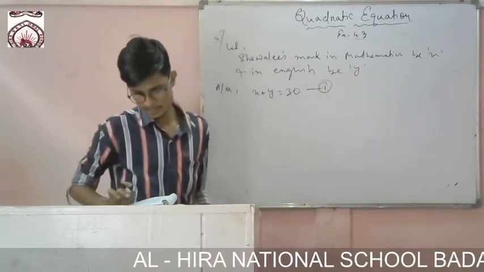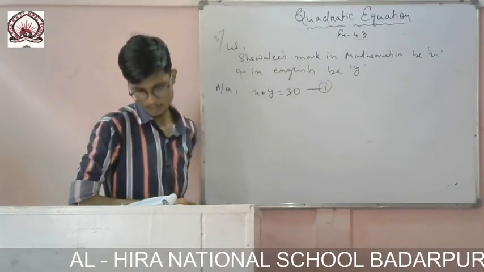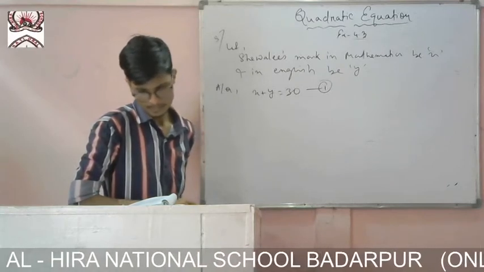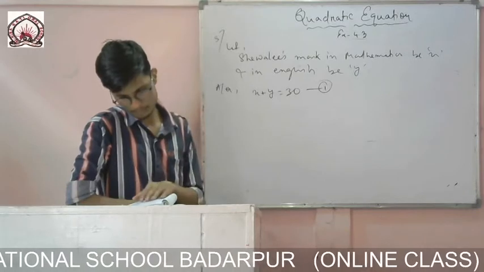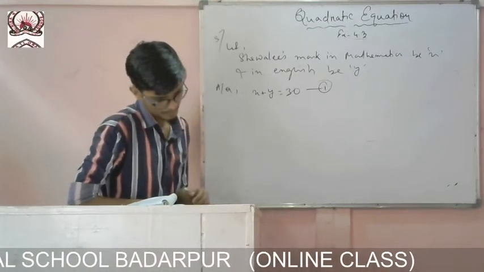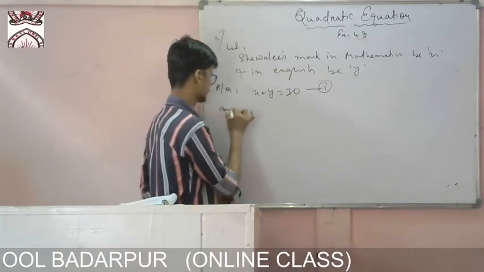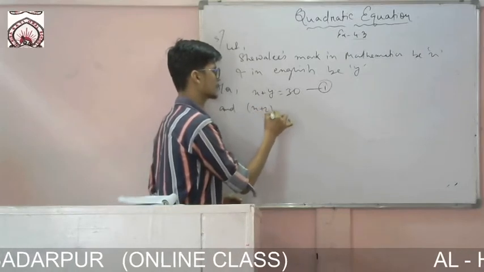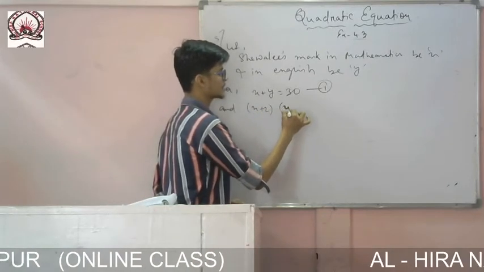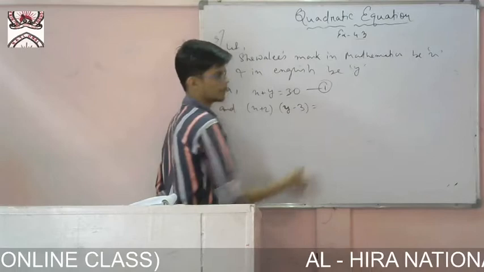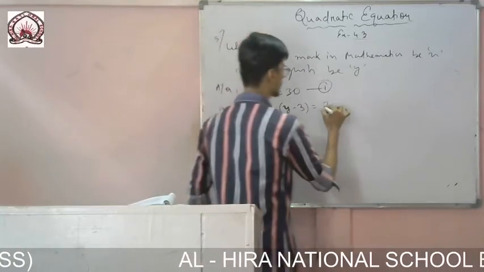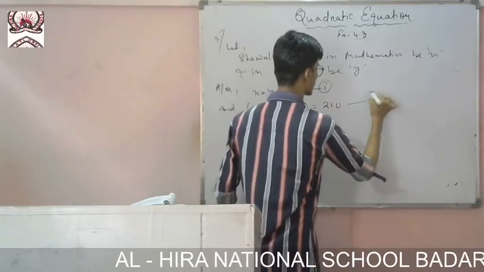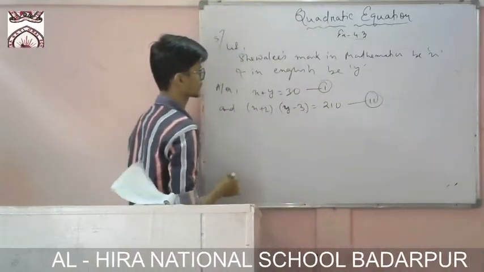And another one, it is given that if she got 2 marks more in mathematics and 3 marks less in English, then the product of their marks would be 210. This will be our equation number 2.